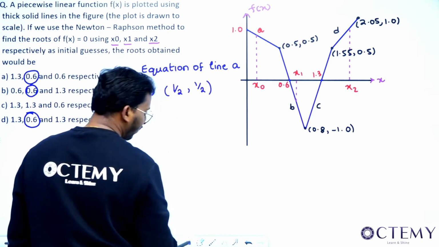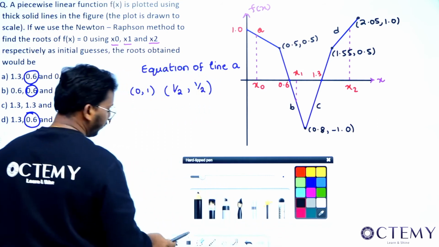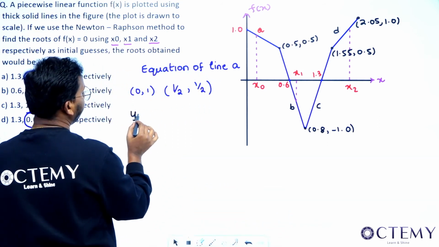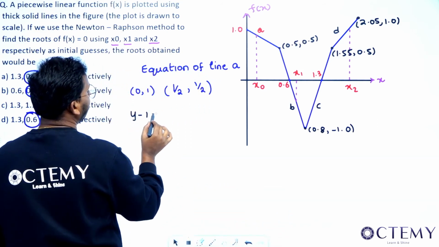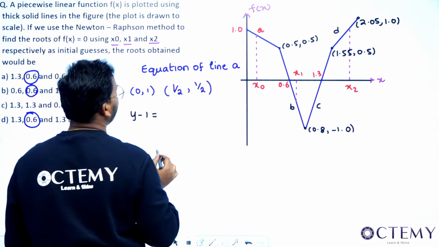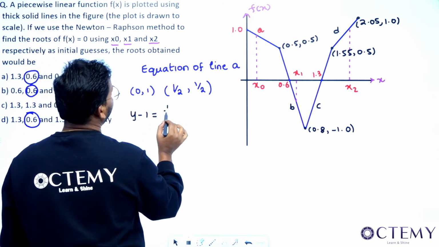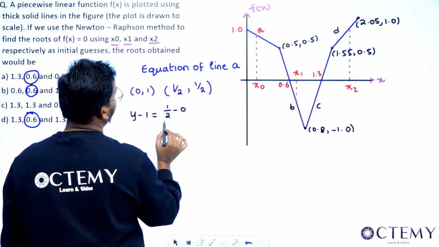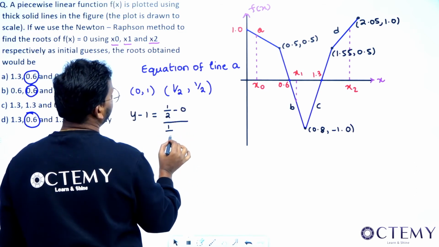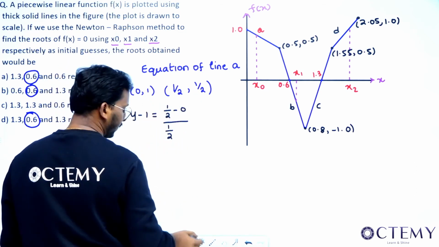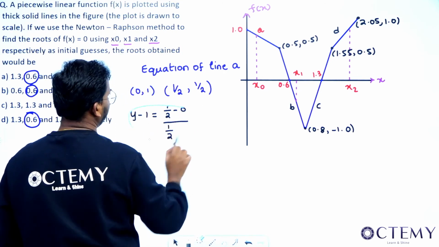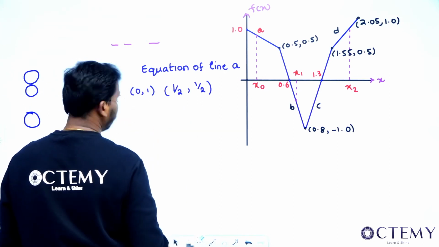So what will be the equation of the line, sir? The equation of the line is y minus y1 is equal to m.